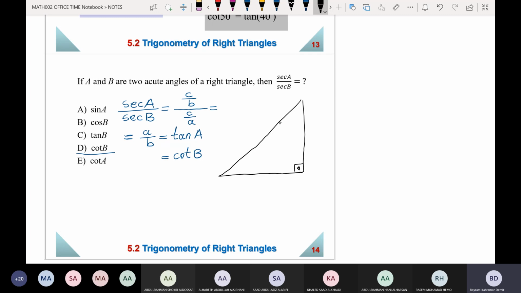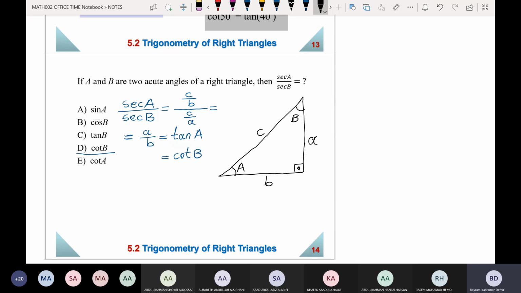Suppose we have angle A here and angle B here. Let's call this side A, this side B, and the hypotenuse C.